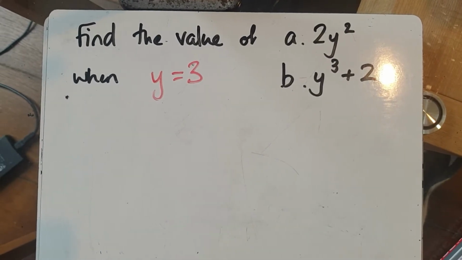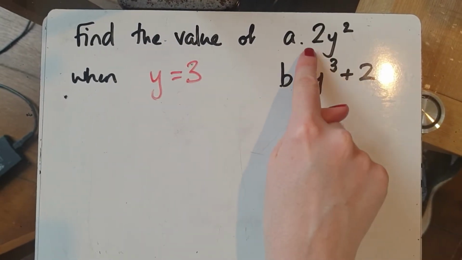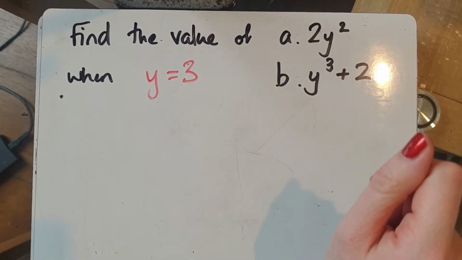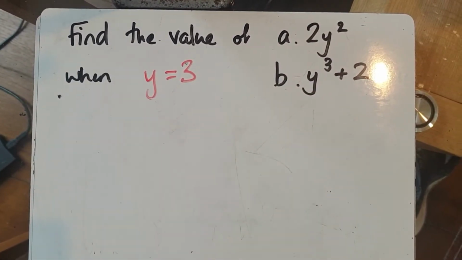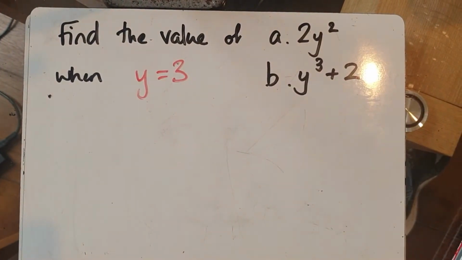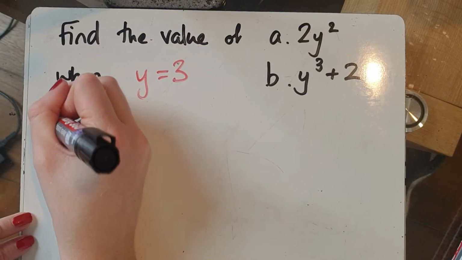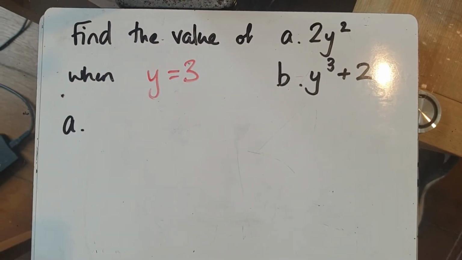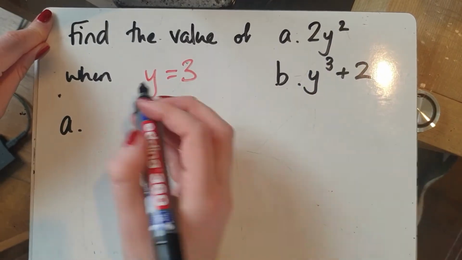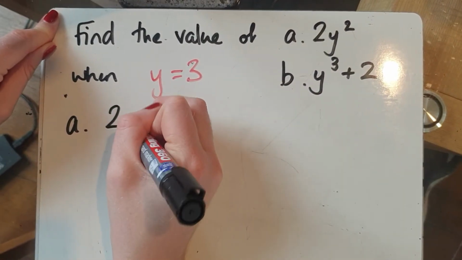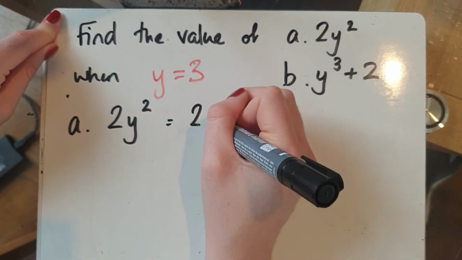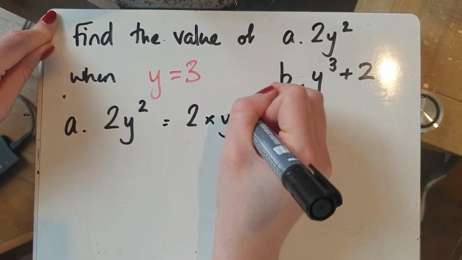For the next example, we are going to find the value of 2y squared and y cubed plus 2 when y equals 3. So copy this down, please. Pause the video to do it. And then let's do the question. So we need to think about what 2y squared means. 2y squared means 2 times y squared.